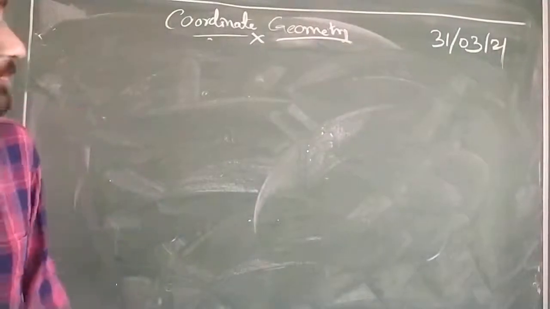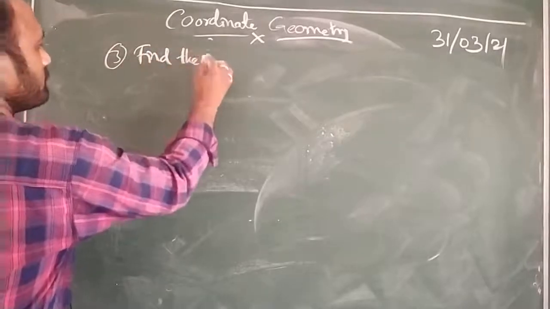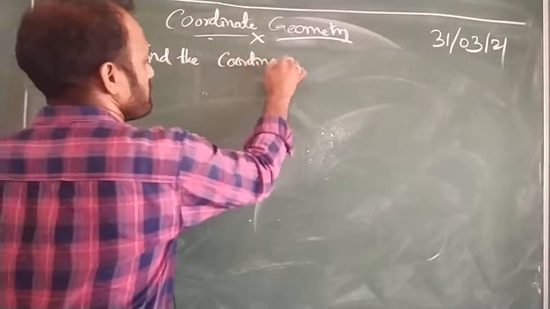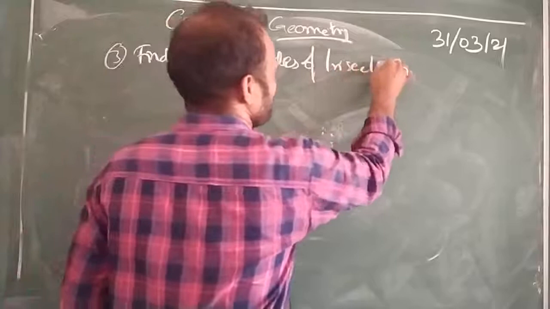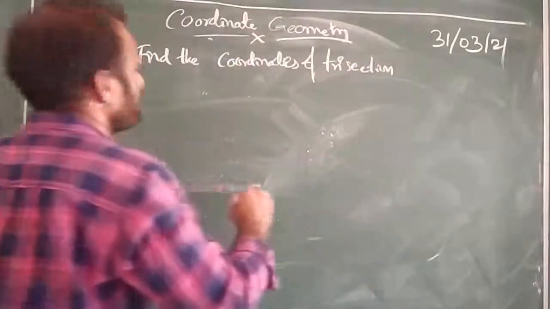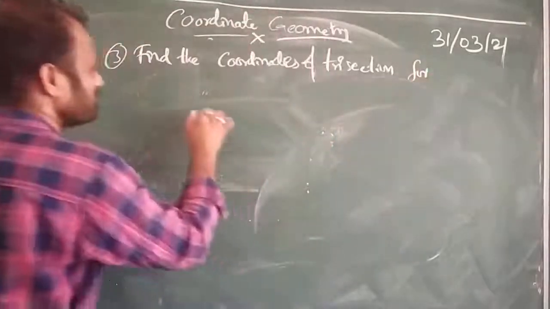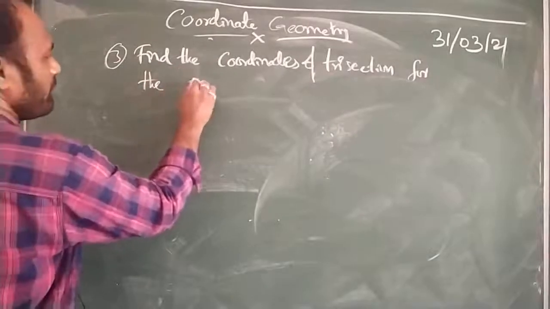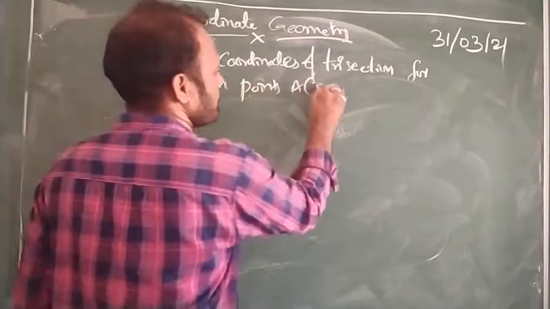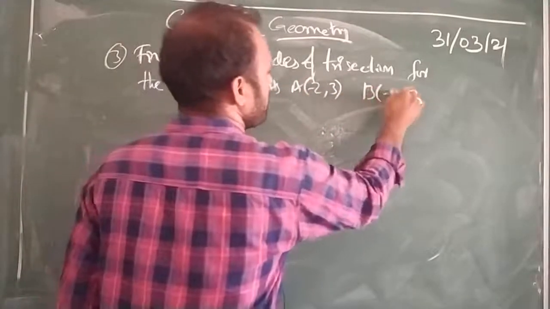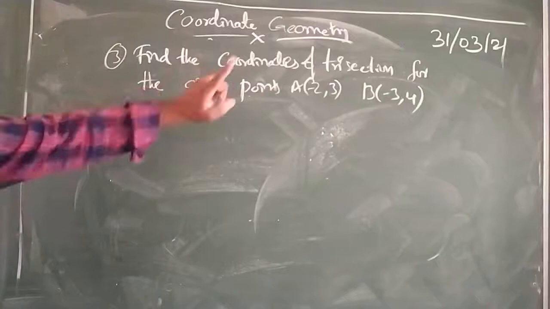Next type is: find the coordinates of trisection for the given points A (2, minus 2, 3), B (minus 3, 4). So these are the 2 points. For this we need to find out the coordinates of trisection.